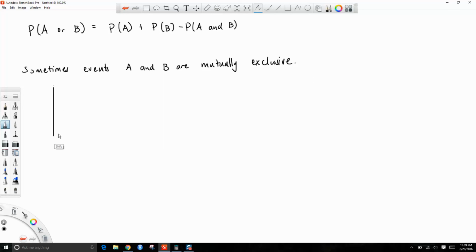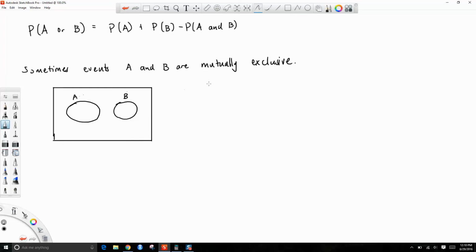What this looks like is that there is no overlap between A and B. So that basically means the probability of A and B is equal to 0 if A and B are mutually exclusive.